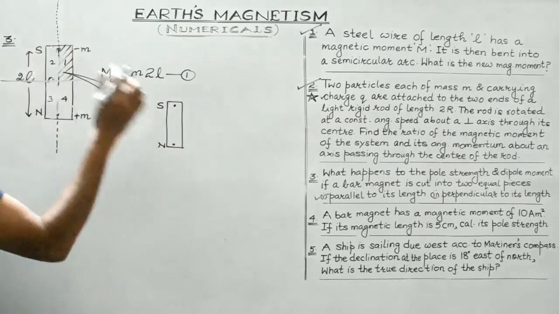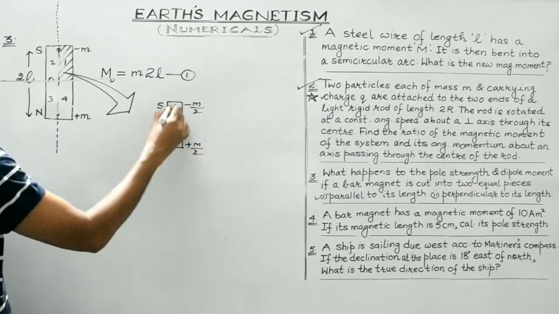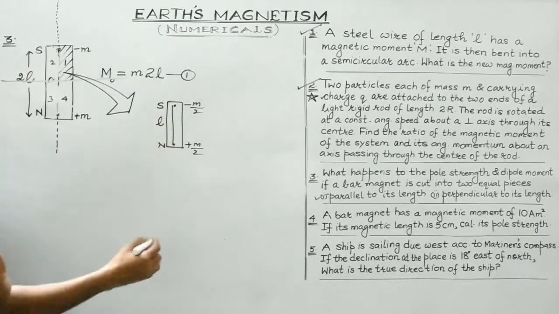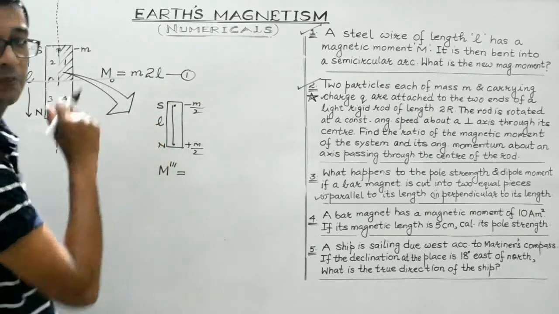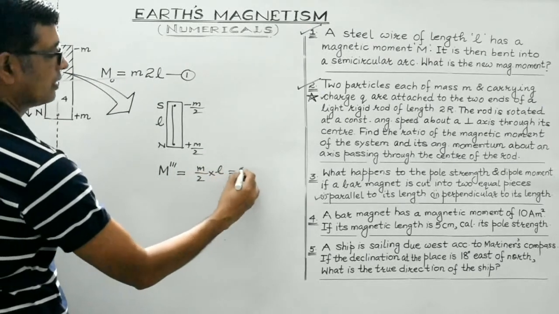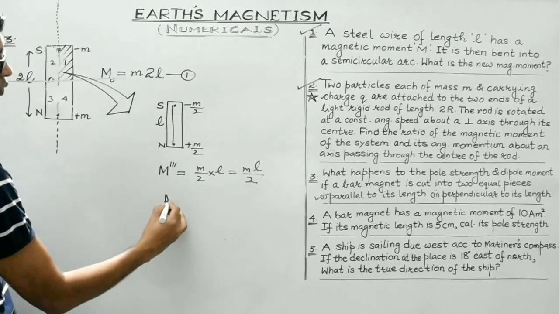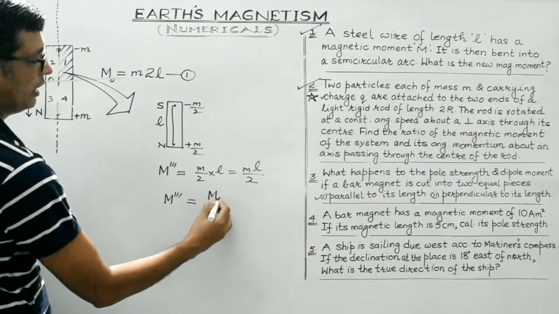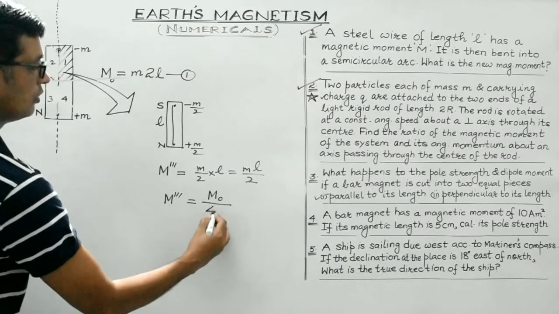Obviously, the pole strength will become half, minus m by 2 and plus m by 2. The magnetic length of the original is 2l, that also becomes half, so now it will be L. So the magnetic moment of this part would be given by m by 2 multiplied by L, that is ml by 2. Compare it with the original, and it will be equal to m naught divided by 4.